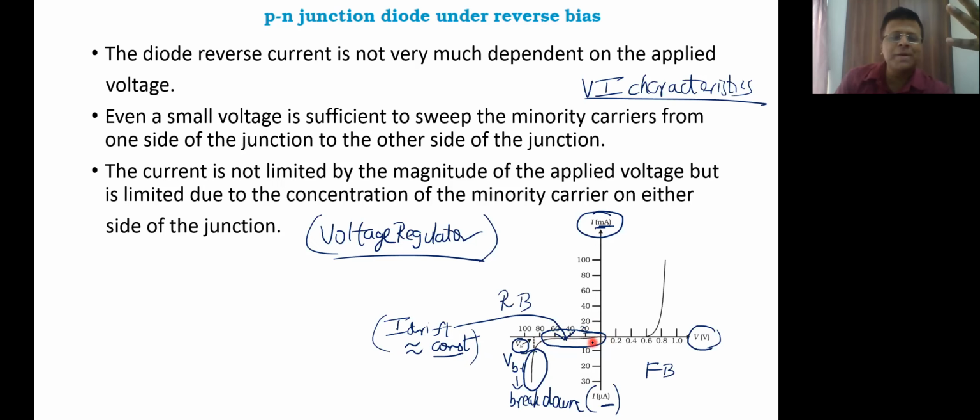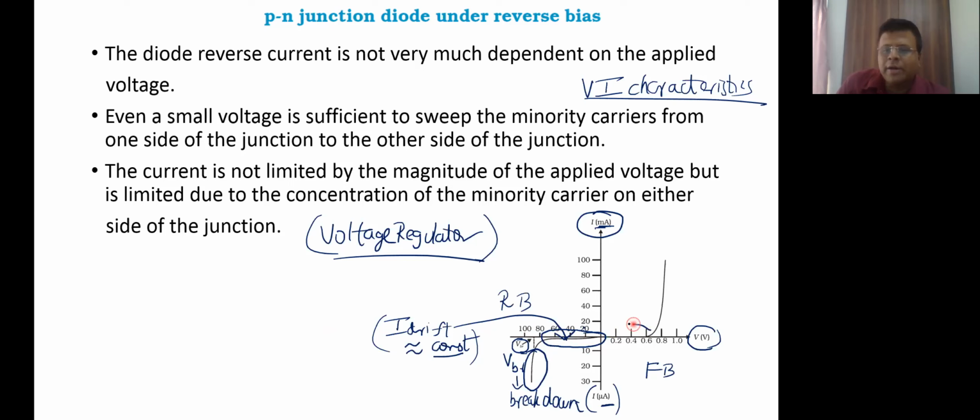As you increase the reverse bias voltage, there is no reason why the drift current has to increase, because drift current is due to the minority carriers in the depletion region, and they will drift irrespective of whether you have a lower or higher reverse bias voltage. It's not that if you decrease the reverse bias voltage, fewer minority carriers will drift, because the electric field is sufficient for pushing all the minority charges formed in the depletion region on both sides. So this reason we have already seen before.